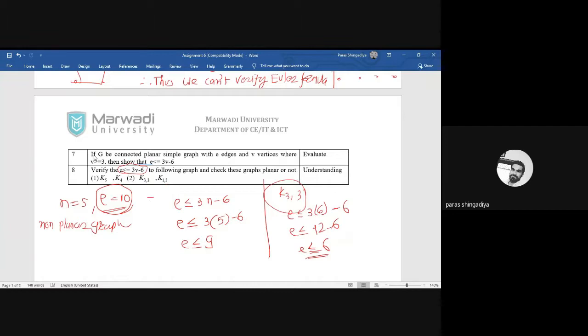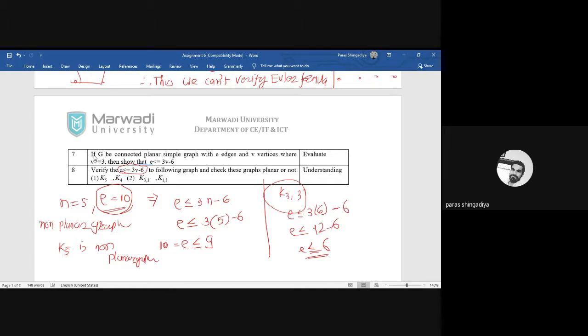How many edges should be there? That is 3n minus 6, vertices are 5, so that is equal to 15 minus 6, which means 9 edges should be there. And here how many edges are given in this K5? There are 10 edges, therefore this K5 is a non-planar graph. Here edges are 10, and by using this formula we get 9. So that is a contradiction, and therefore K5 is a non-planar graph.